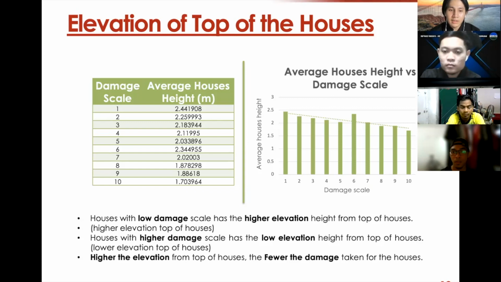From the data itself, houses with lower damage scale have a higher elevation from the top of the houses. Meanwhile, houses with higher damage scale have a lower elevation from the top of the houses. It means that the higher the elevation of the top of the houses, the less damage taken by the houses.